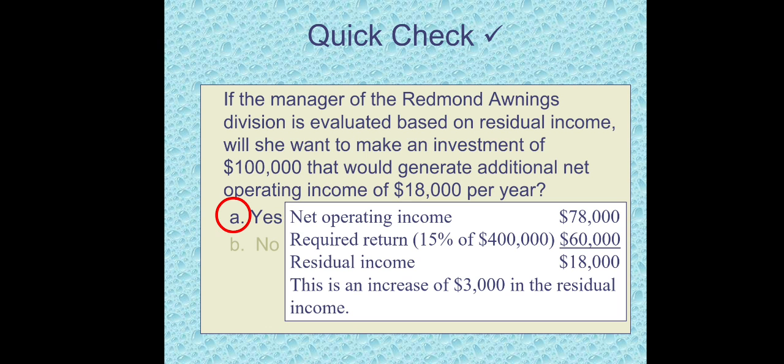If the business uses ROI to evaluate the performance of the manager, the manager does not want to take the investment. But if the business uses residual income to evaluate the performance of the manager and the manager's division, most probably the manager will do this investment.